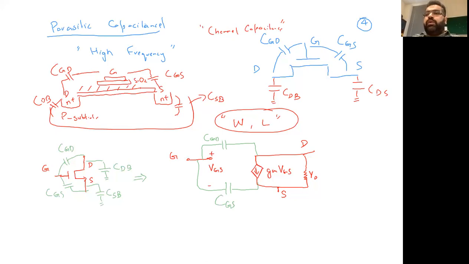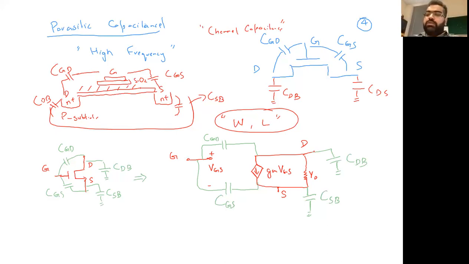We talk about drain to bulk. Drain to bulk. What else? Drain to source, so source to bulk. So we have all these capacitance. Again, as I mentioned, there can be other capacitance, but these are the dominating capacitance which can impact our circuit. So we need to analyze these capacitance explicitly.